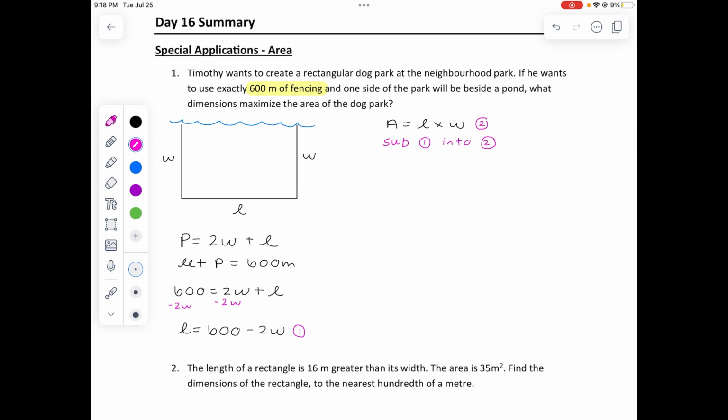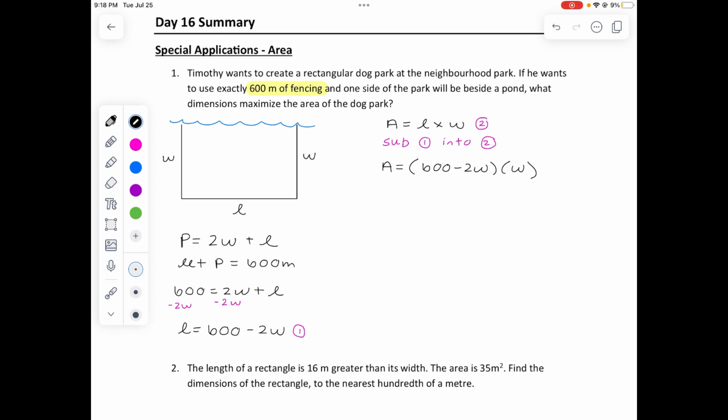Okay, so we can't maximize or do anything to solve until we only have one variable that's unknown. Okay, so we're going to have A is equal to, instead of L, we are going to write 600 minus 2w, and that's being multiplied by w.